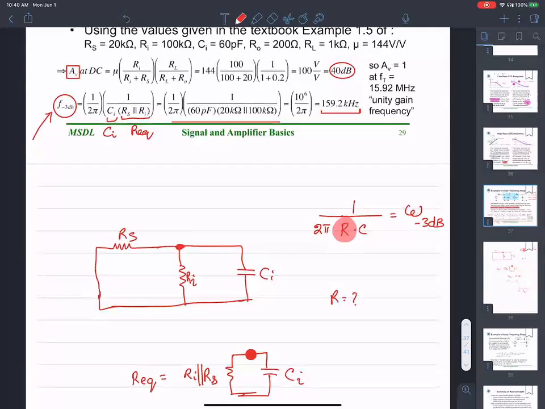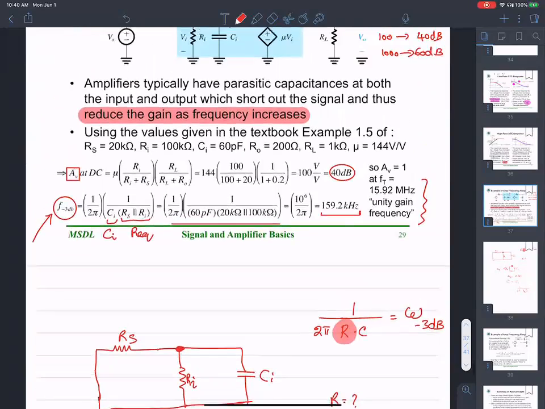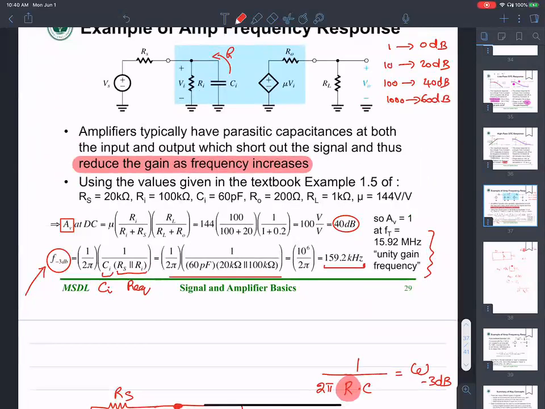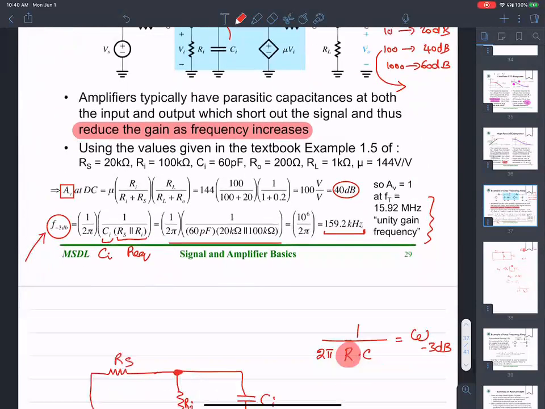So from that, we can find the unity gain frequency. The idea is that the gain times bandwidth product is going to be constant.